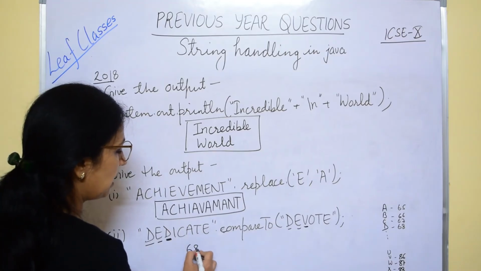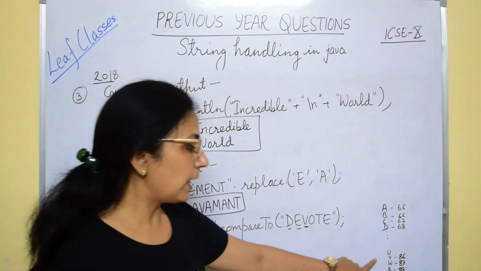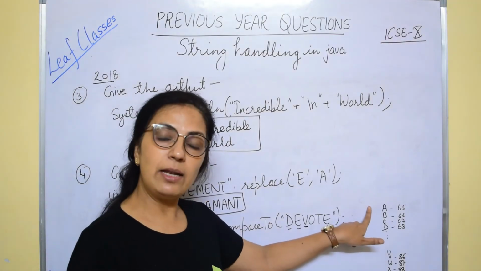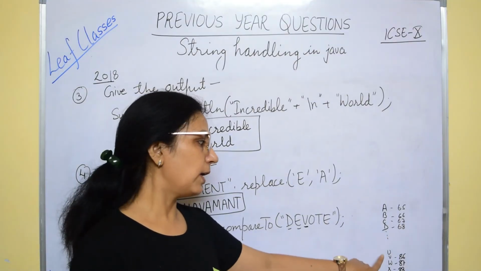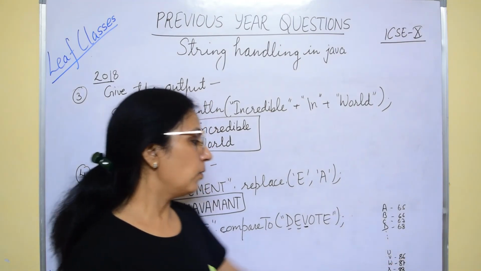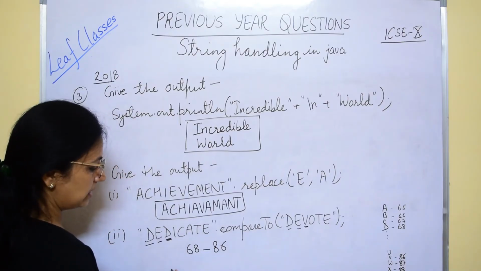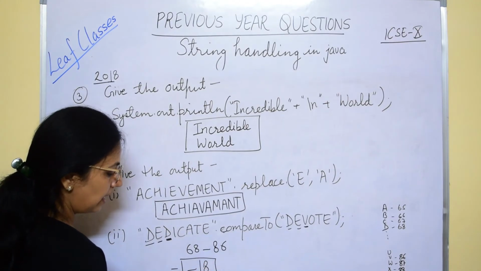So 68 minus the ASCII value of V. The ASCII value of capital A to Z is from 65 to 90. So we can write U, V, W, X, Y, Z, and V is 86. So 68 minus 86. So the answer will be minus 18.